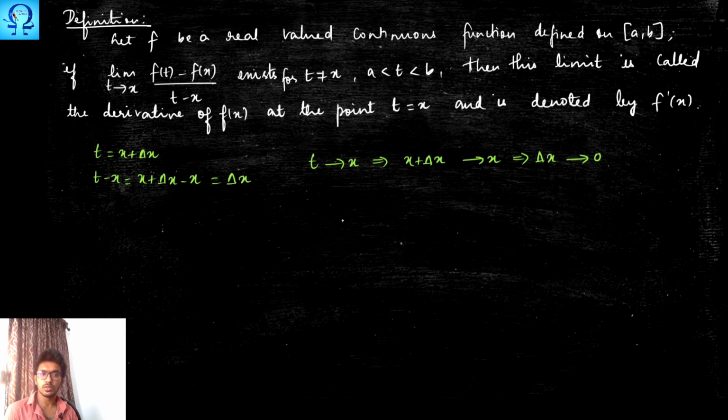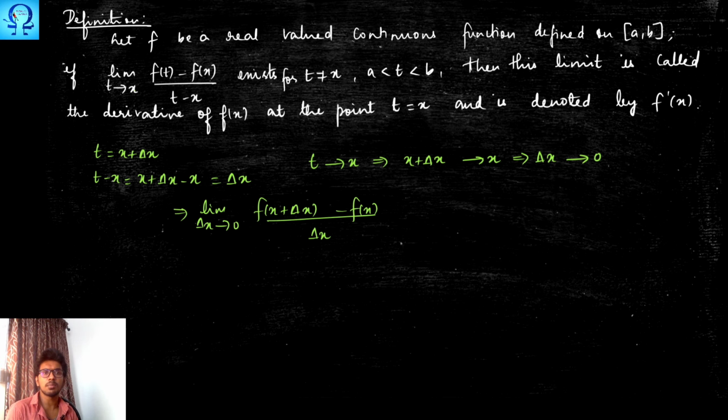So with this we shall rephrase the definition as the limit as delta x approaches 0 of (f(x plus delta x) minus f(x)) upon delta x.